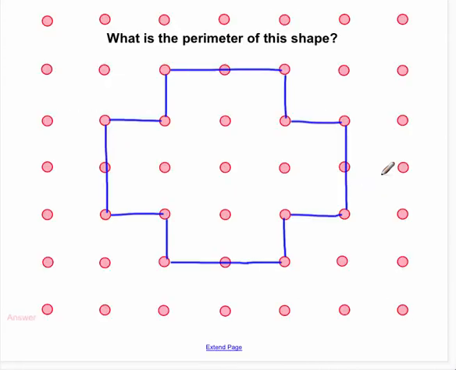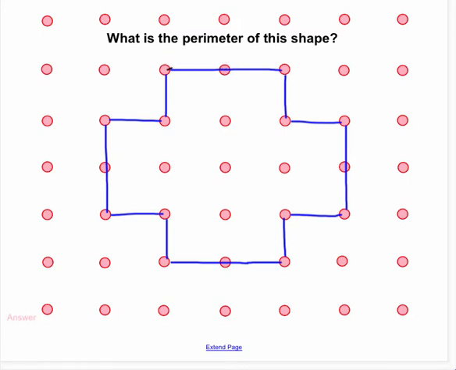What is the perimeter of this shape? In class, we will be using geoboards, and geoboards have pegs, which are what these little red pinkish colored circles represent, and rubber bands that you will stretch across the pegs. And we want to figure out what the perimeter of different rubber band shapes would be. What you want to do is count the space from one peg over to the next peg.